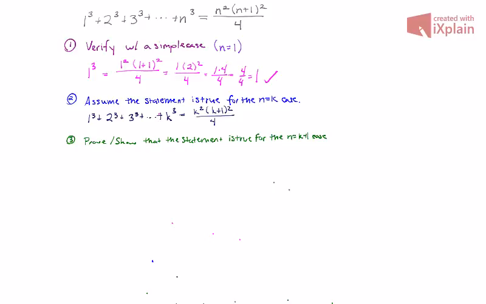So basically the goal here, and I'm going to try to write this in red on the side: if I have 1 cubed plus 2 cubed plus all the way to k plus 1 cubed, I want that to be equal to k plus 1 squared, because I'm replacing the n with a k plus 1, and I want this to be a k plus 1 squared. So I'm replacing that entire n with a k plus 1, all this divided by 4. This is my goal.